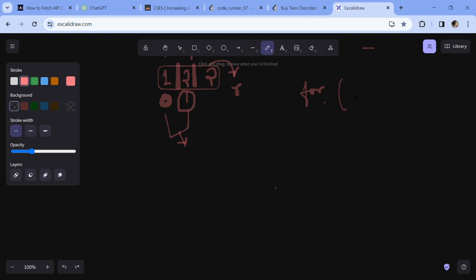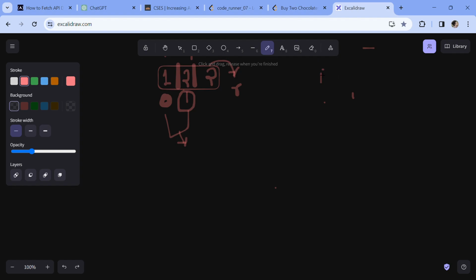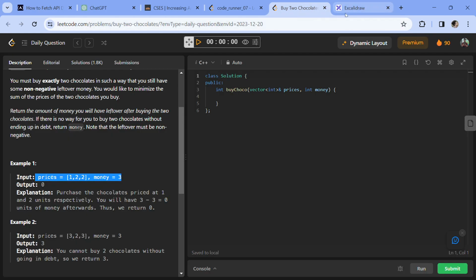We find the first smallest element and second smallest element, take the sum, and check the condition. If our condition is fulfilled, we return that amount. Otherwise we return the initial money.